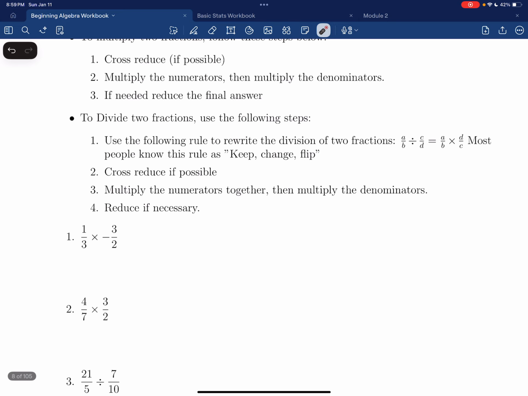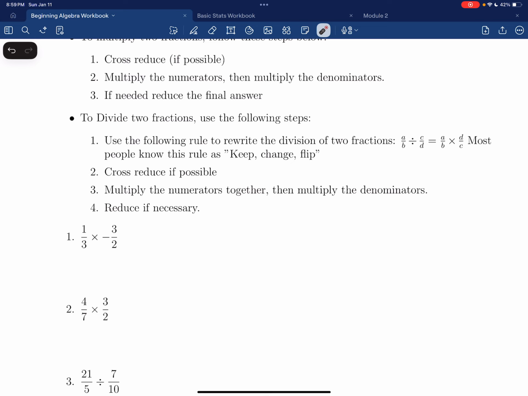Now to divide fractions, you're going to use this rule called keep, change, flip. That's where if you're given a fraction, a over b divided by c over d, you're going to rewrite it and keep the original fraction, change the division to multiplication, and flip the second fraction. So c over d changes to d over c.